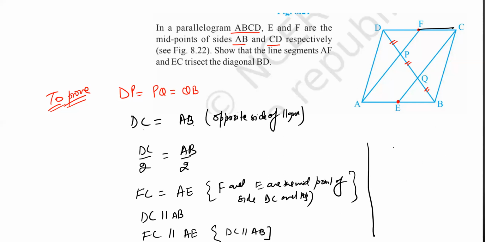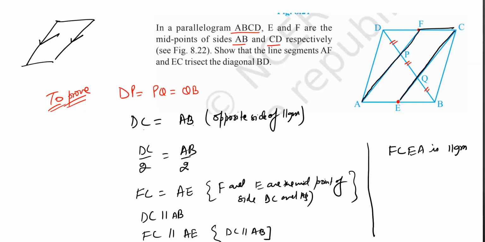So we can say that FCEA is a parallelogram. Got it? And since we have proved this as a parallelogram, this side is parallel to this side. It is not given in the question, but we have proved that this side will be parallel to this side. Okay.